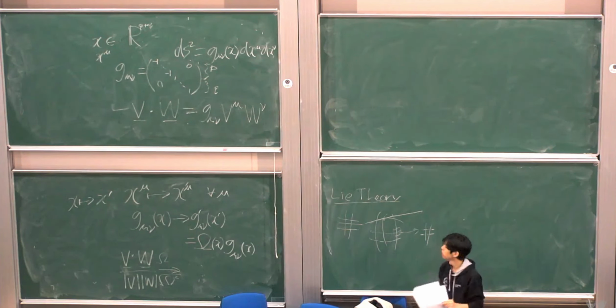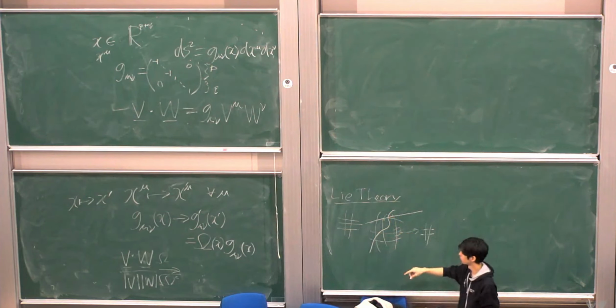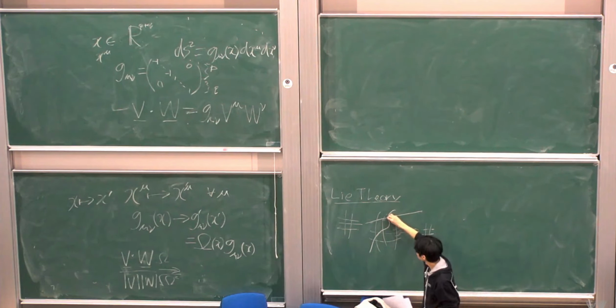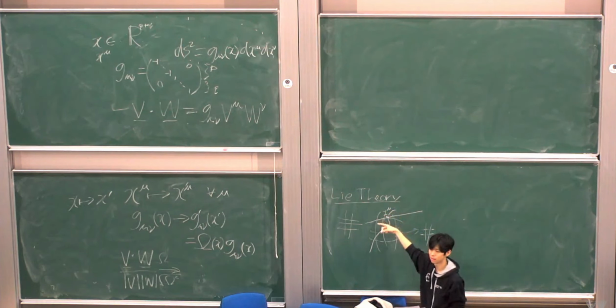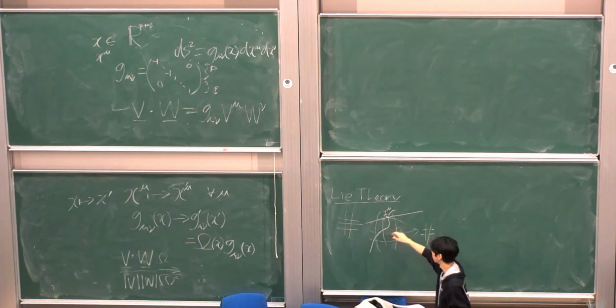And if you have a curve, like a path in a manifold, from, let's call this point x. x^mu really means a vector. It's the same thing. But yeah, let's call this point x^mu.